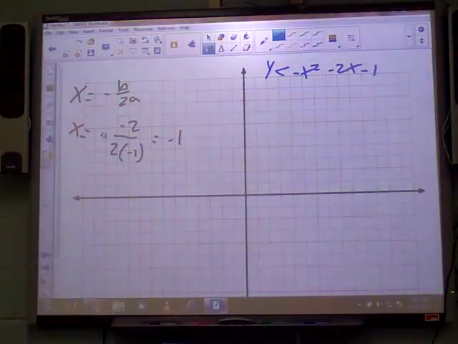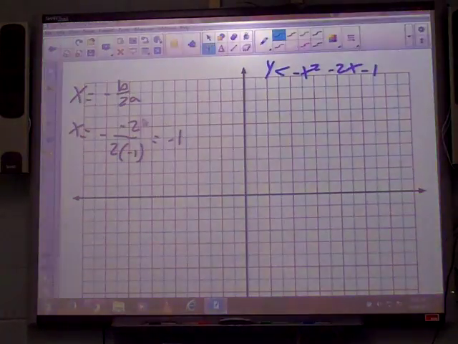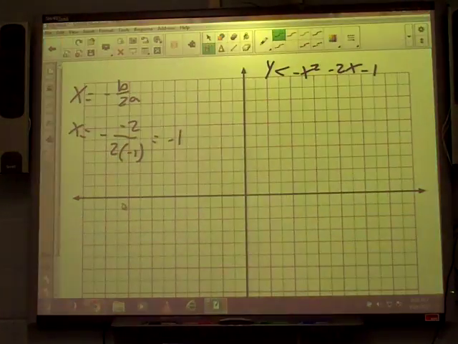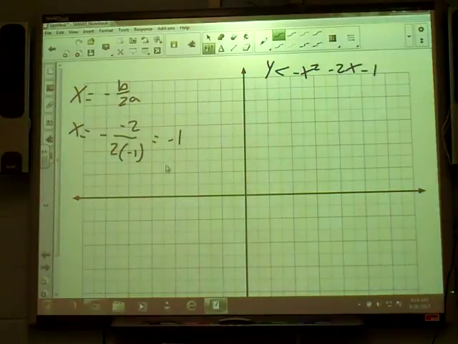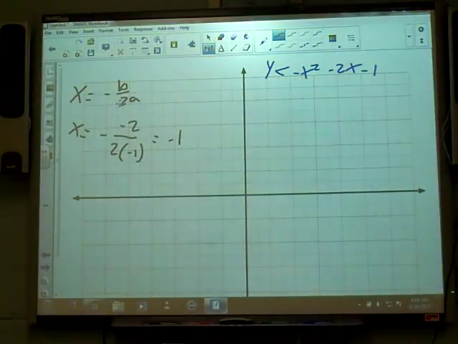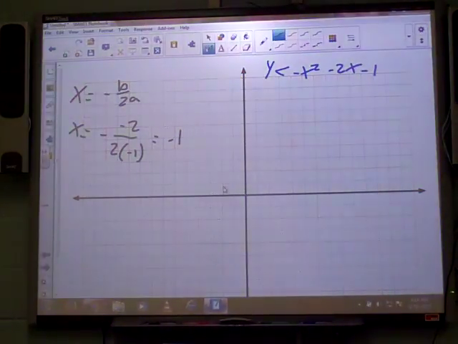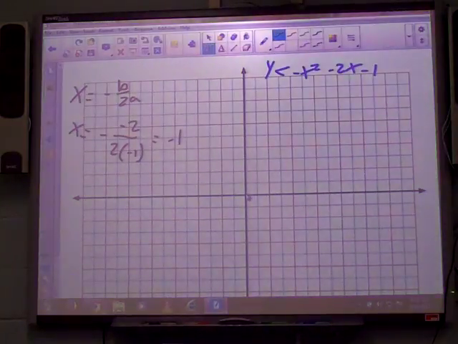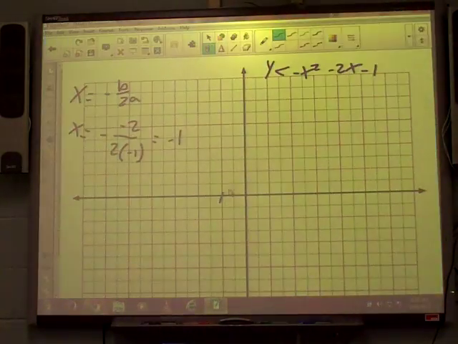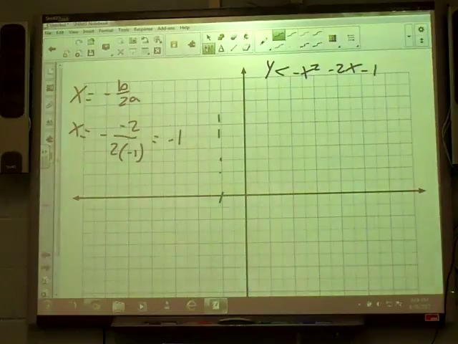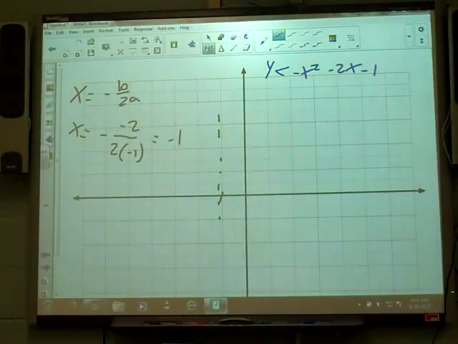Negative divided by negative is positive. Divided by negative is negative. 2 divided by 2 is 1. Negative 1. What formula is it? That's the axis of symmetry. Okay, so x equals negative 1 means I'm going to go to the left 1. And that's where the axis of symmetry of our parabola is going to be.